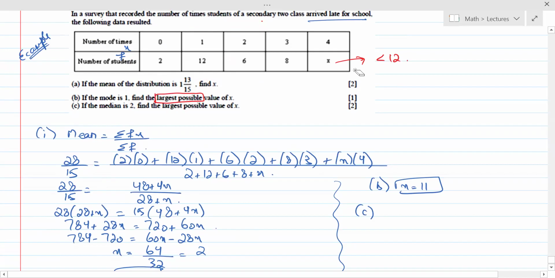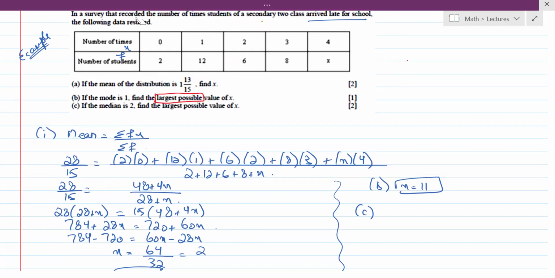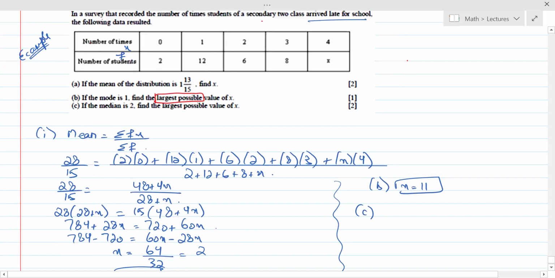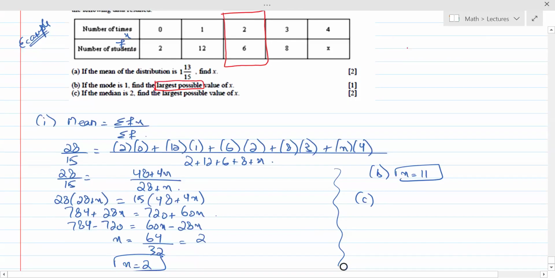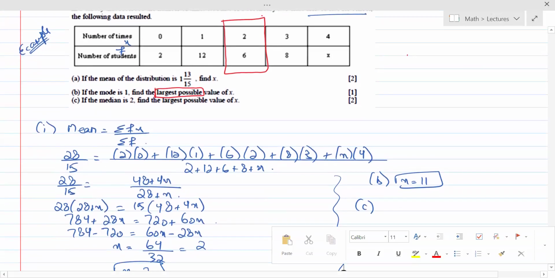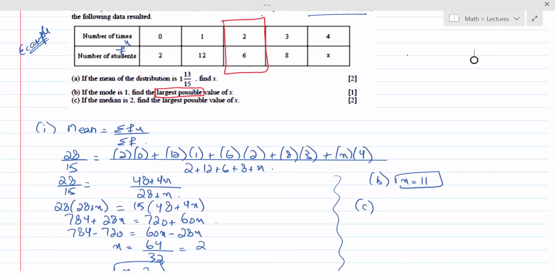We are done with the mode part. Let's look at the median. So median, they are saying, it's 2. So obviously the median would be representing the median class. And in the median class, we have 6 different values. This for us is the median class.